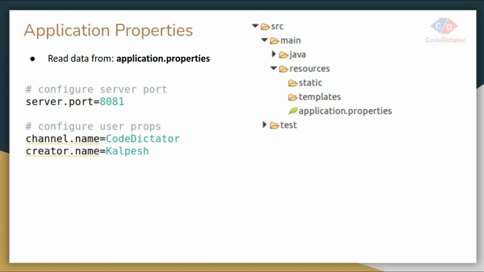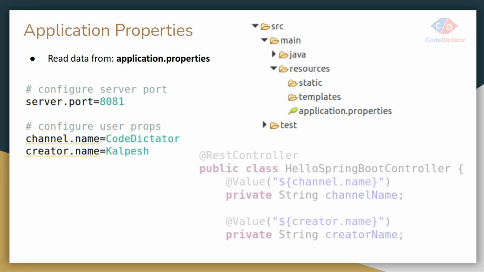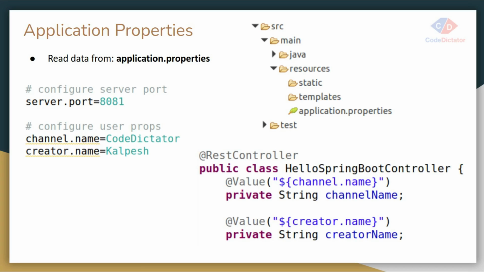But how do we access those properties in my controller? We have a special annotation called @Value, where we can pass our property name, followed by a dollar symbol in curly braces, like channel.name. That will be considered a variable, and whatever value is assigned to that property will automatically bind to that specific variable, like private String channelName.